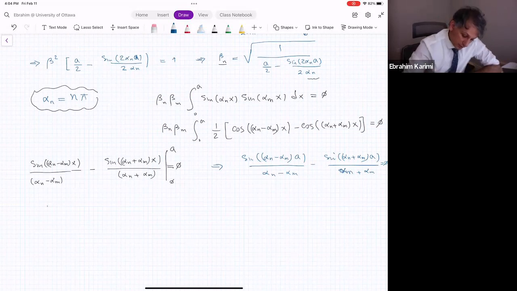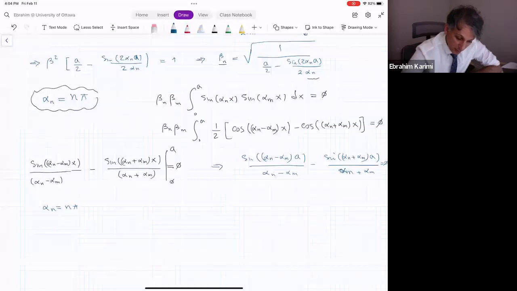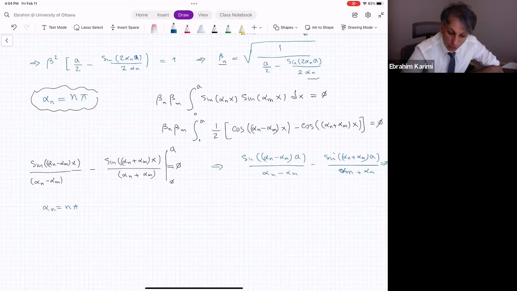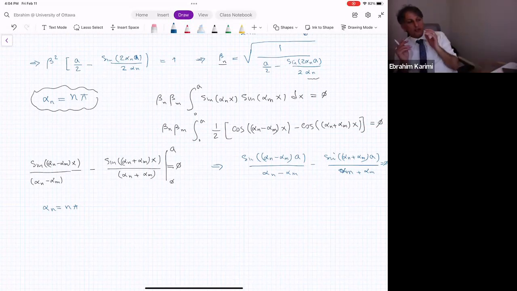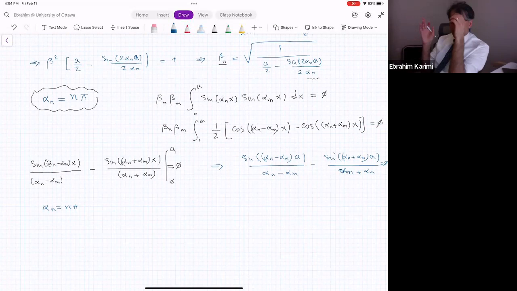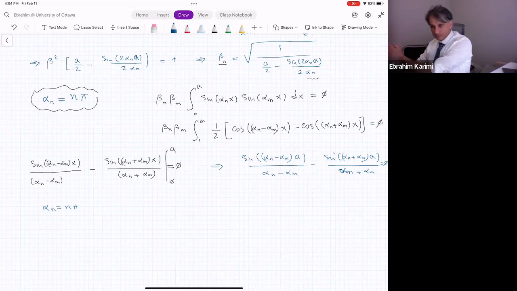So if you assume that alpha n is equal to n pi, then the first term, I don't care about the denominator. Individually, of these two, let's say you have two angles, the angle of A and the angle of B, you end up with the sine of the difference and the sine of the sum.